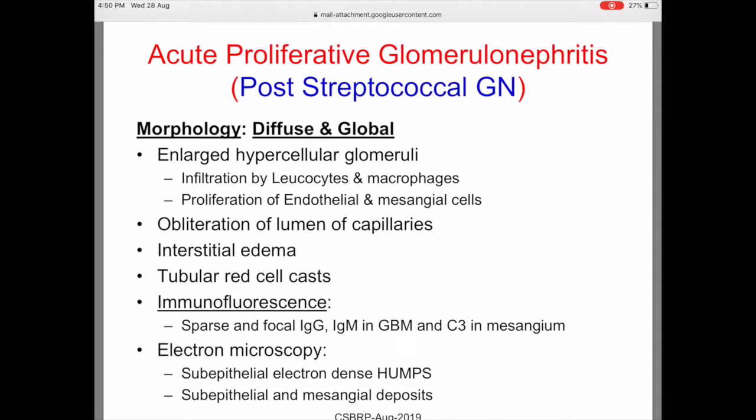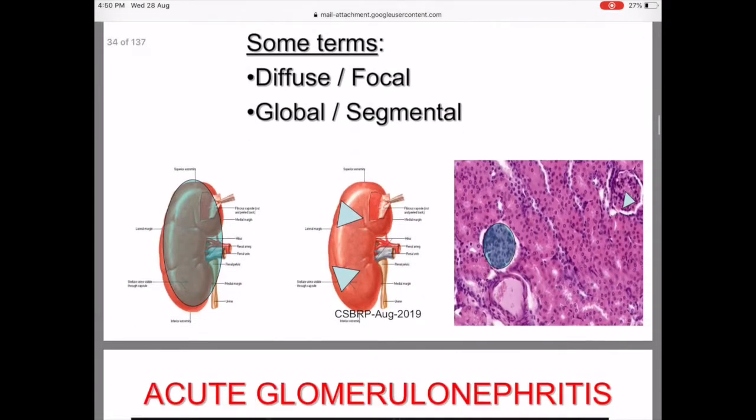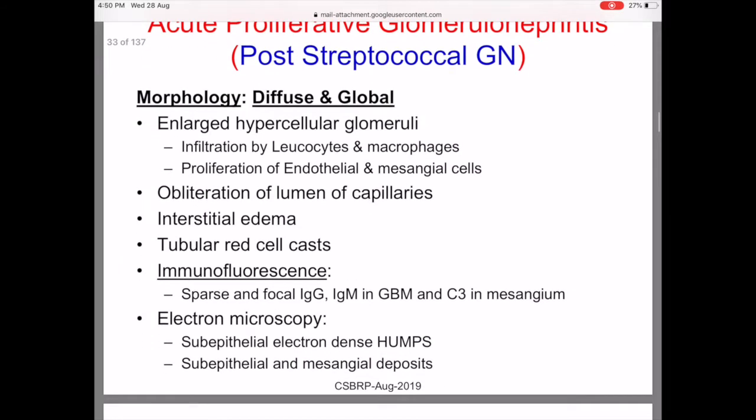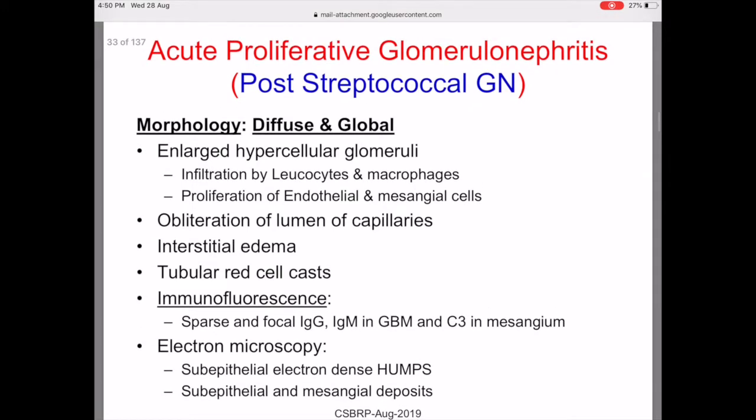So, if you look at the morphology of acute proliferative glomerulonephritis, the kidney is enlarged and congested, and the surface may show some hemorrhages. Microscopically, you will see diffuse and global involvement of the kidney.